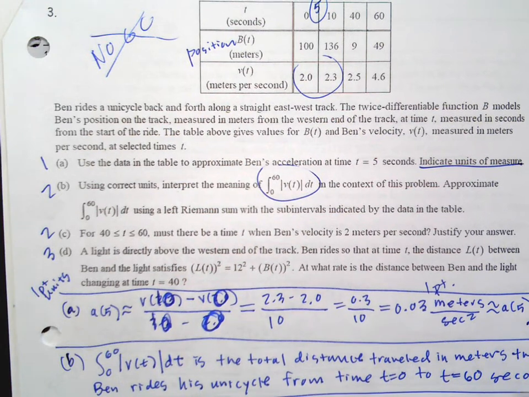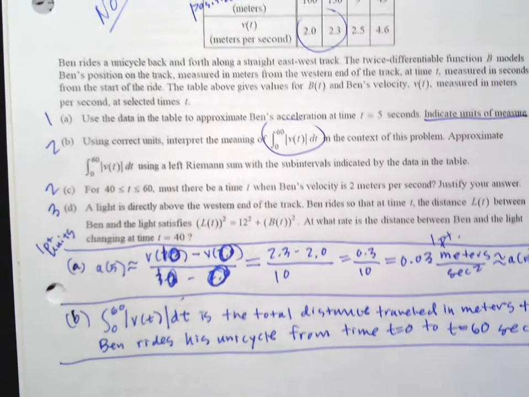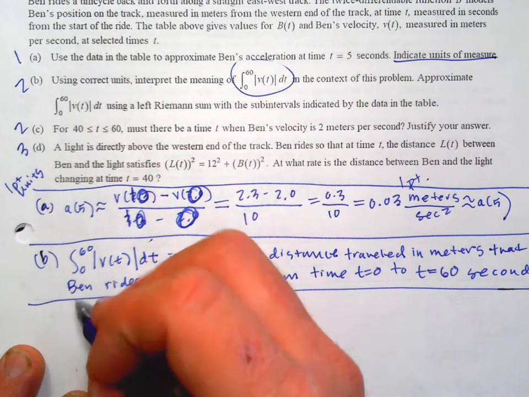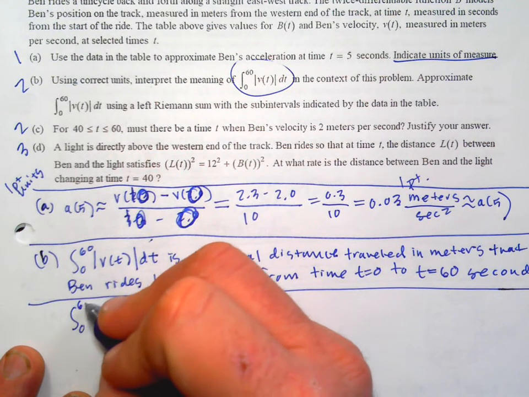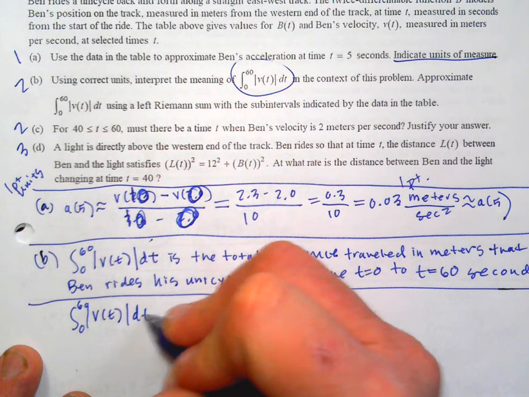You've got to say total distance traveled by Ben. Now, that's the first part. If it didn't have the absolute values, it'd be the total change in position, which we have a special term that we call displacement. Now, we also need to estimate the value of that integral, 0 to 60 of v(t) dt. Now, this is where we're going to draw a rectangle.